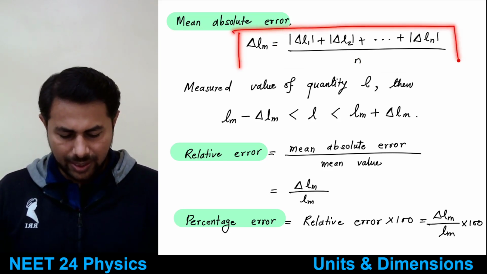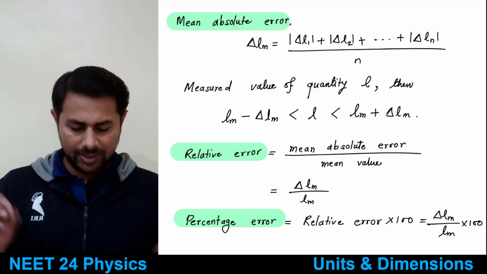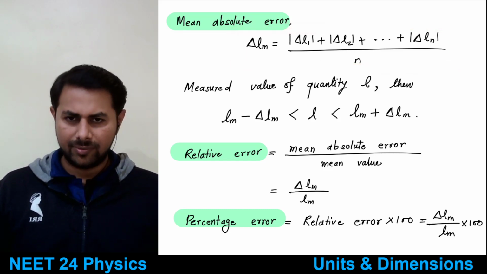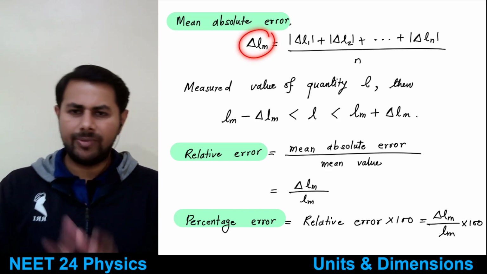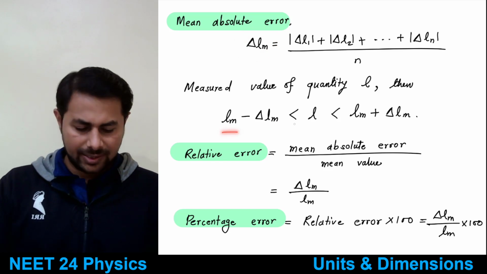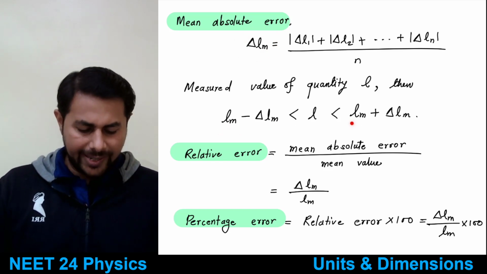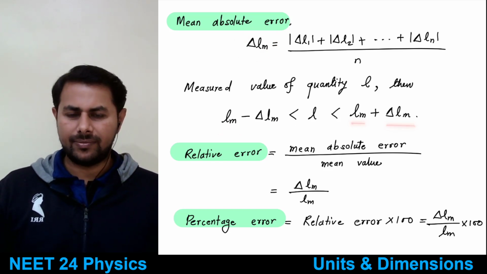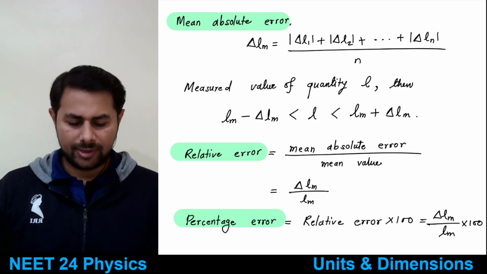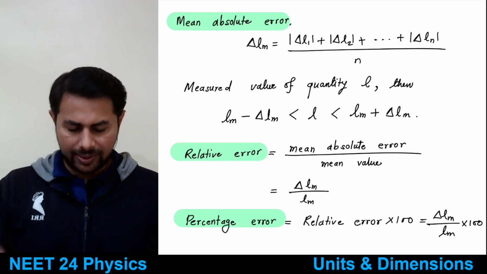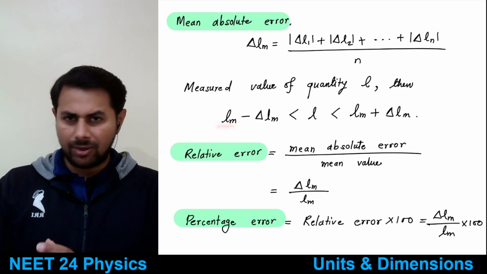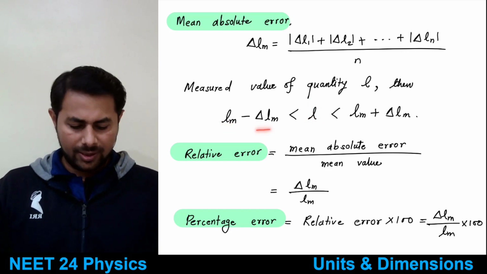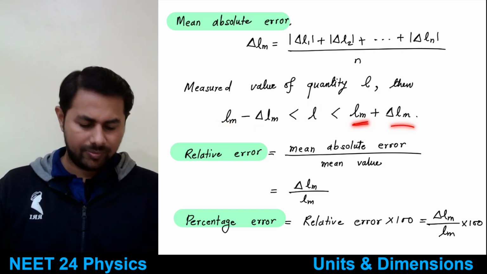So now the chances are that the measured value of your quantity will be in between Lm minus delta Lm and Lm plus delta Lm. The measured value, suppose L, might lie in between the mean value of quantity minus the mean error, and the mean value of quantity plus the mean error.